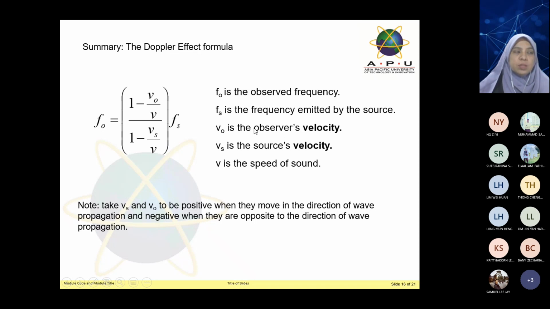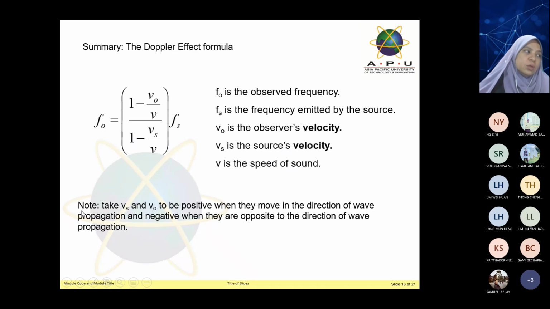Normally the person's velocity, how much, running or walking. V is the speed of sound. Vs is the source velocity, the boat speed. So you must differentiate between source and observer, or later you will substitute wrongly.